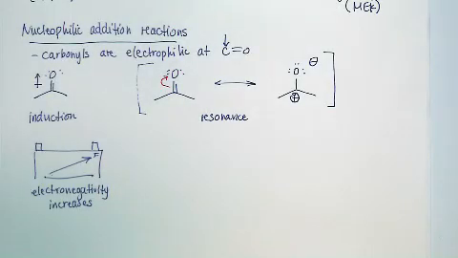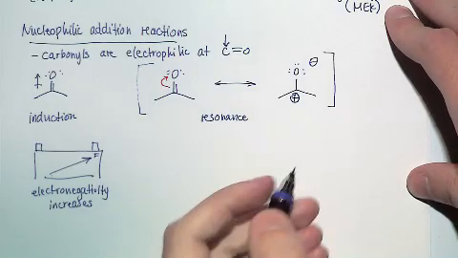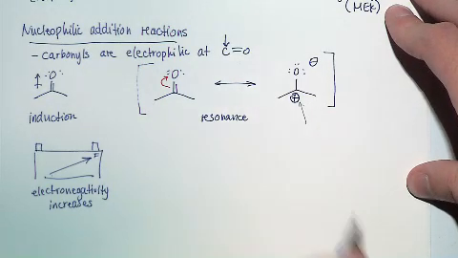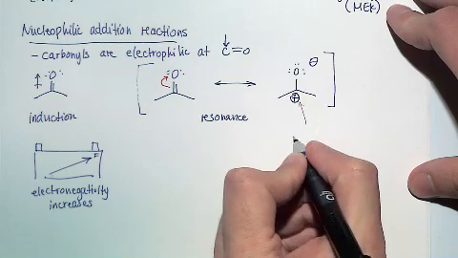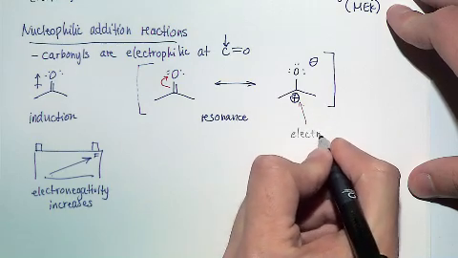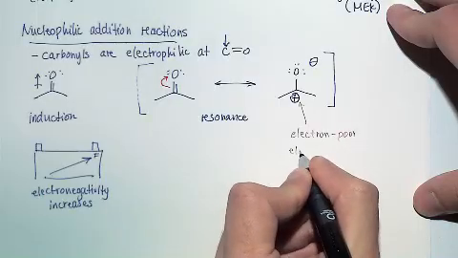So resonance is the other method we use to explain how carbonyls are electrophilic at the carbonyl carbon. Right, so that positive charge, well, the carbon with the positive charge is electron poor.